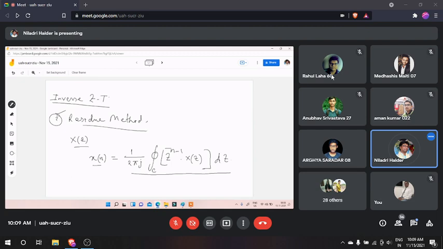So you will get the poles. After getting the poles, for each and every pole, you will get a residue value. Suppose you have two poles P1 and P2. So you will have two residue values due to the poles P1 and P2. Addition of these two residue values will give you the result.